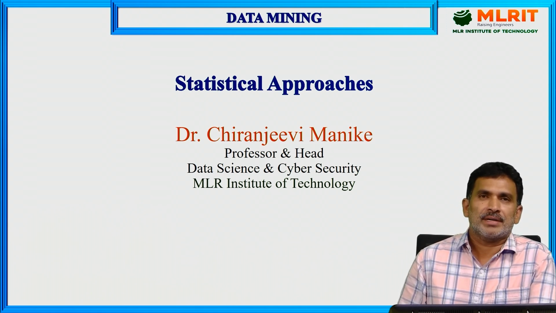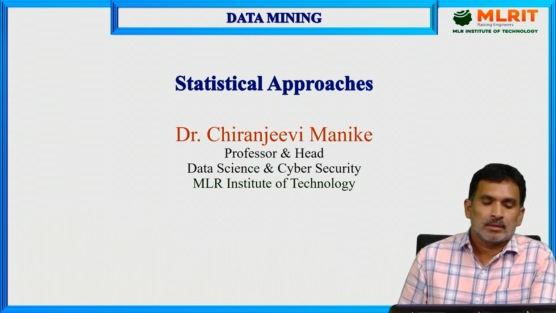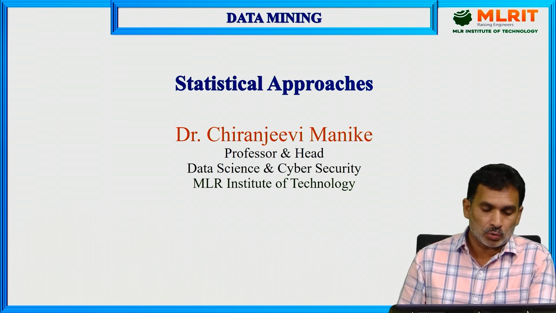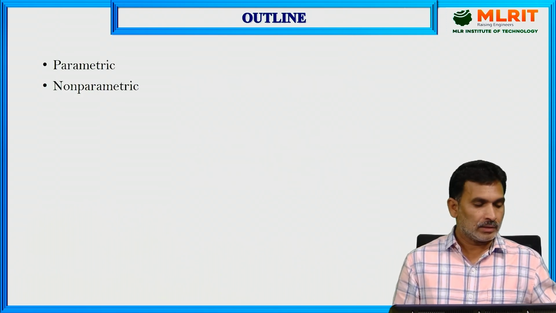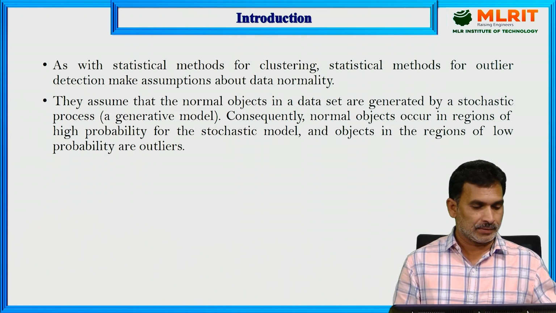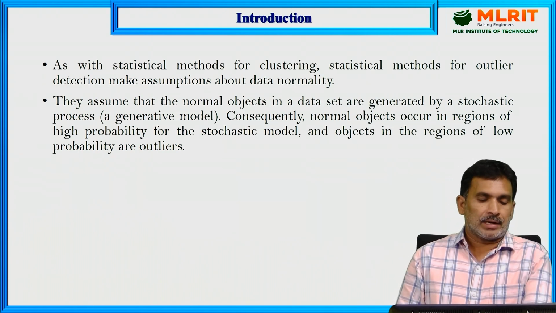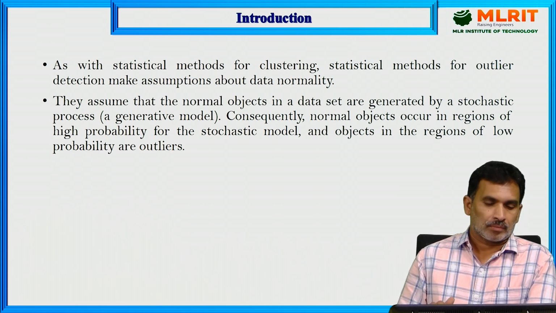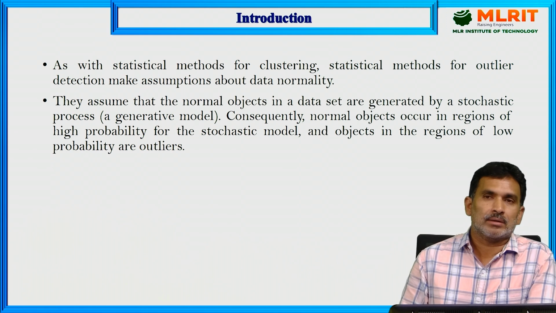As part of the data mining video lecture series, in this video we are going to discuss statistical approaches to detect outliers. Mainly, we will discuss the parametric and non-parametric methods. As with statistical methods for clustering, statistical methods for outlier detection make assumptions about data normality.